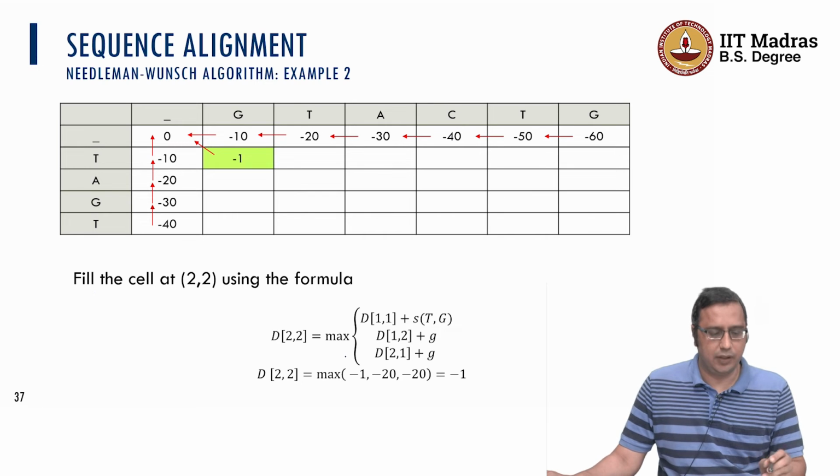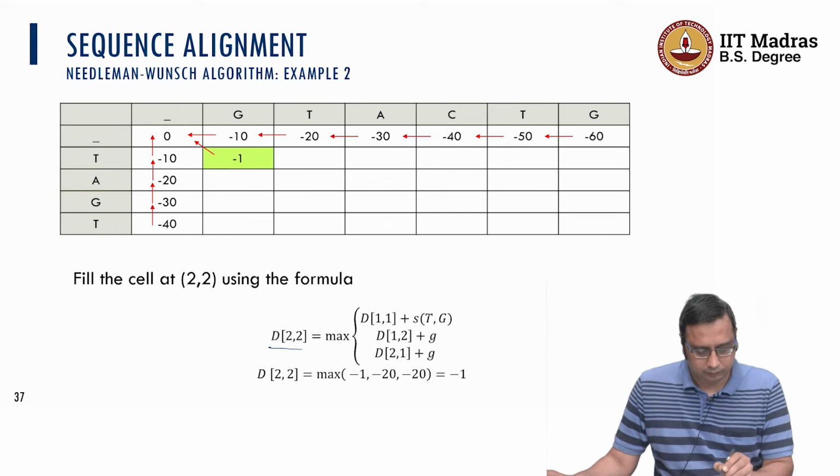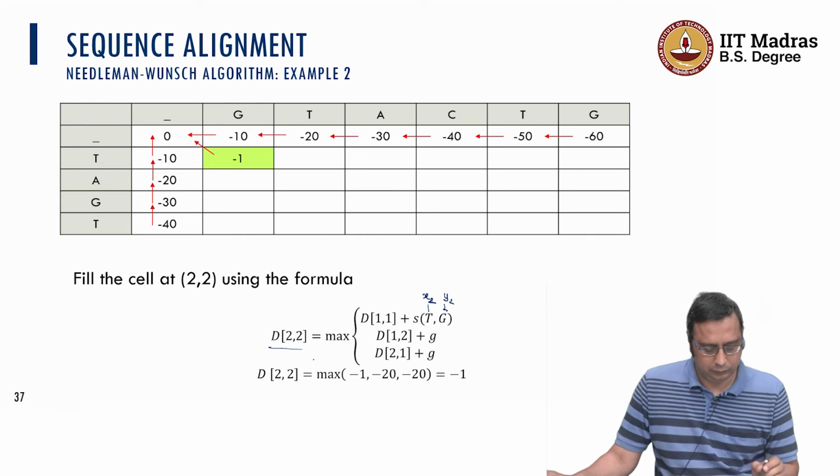So we'll start with the cell 2,2, and let me show how we computed -1. So here again, for the formula, D22 will have D11 plus the score for xi, or x2, and y2, which is j, and here we have D12, D21 plus g.